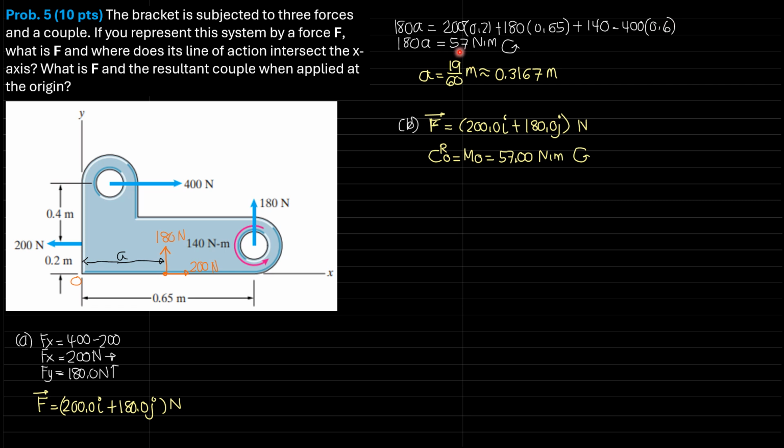So the moment of the system about O, which is also the moment of the resultant force about the origin, is 57 newton meter counterclockwise.